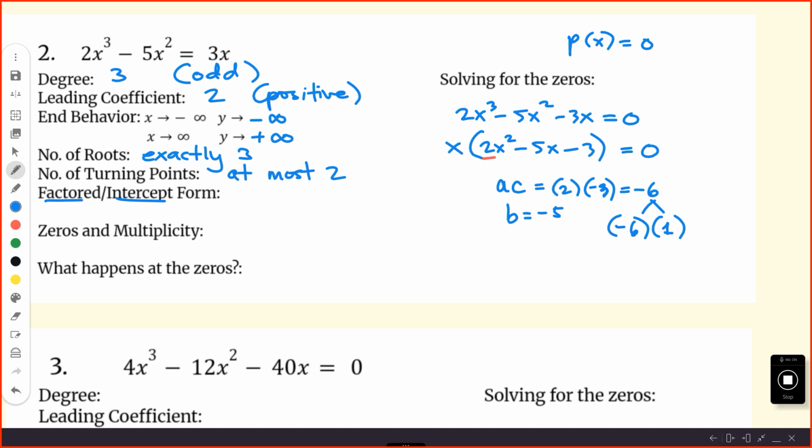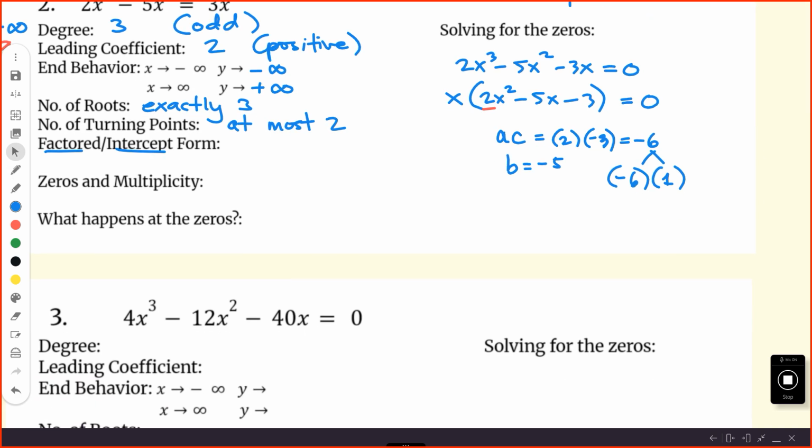So what we do here is I'm going to rewrite this trinomial as a 4-term polynomial using negative 6 and 1. We're going to bring down the x later on. Just write that in the final answer. But for this part, I'm going to write this as 2x squared minus 6x plus x minus 3 equals 0.